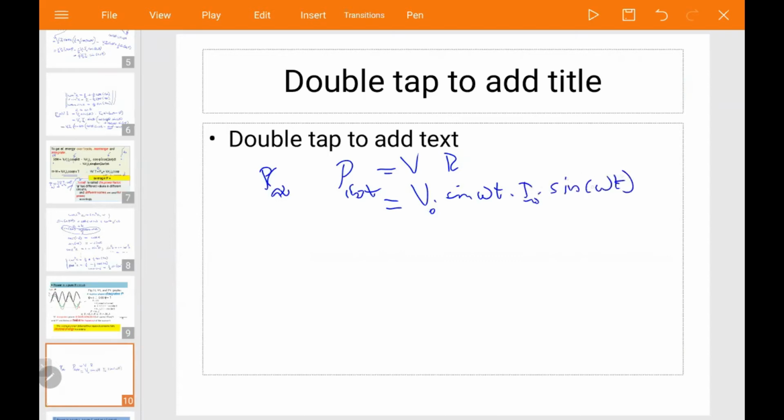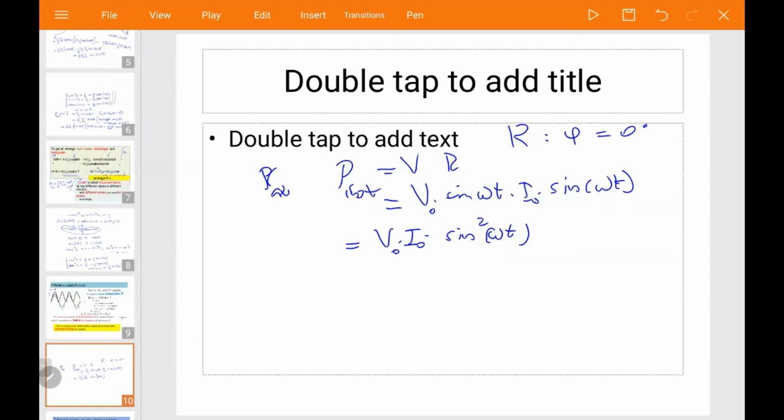I do this for you, and then you have to do the same thing for yourself in the other case. So this gives you V0 I0 times sine squared omega t. Did you see that I did not write down any phase angle here, minus omega t, as I did earlier? The earlier case was a general case. This one is specific. I have pure R in mind. When you have a pure R here, the phase angle is 0 degrees. That's why I left it out. So you have sine squared omega t.